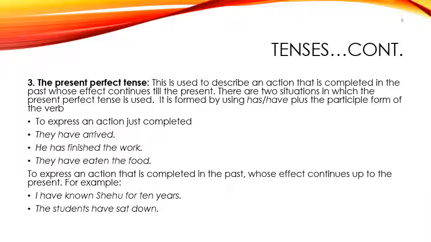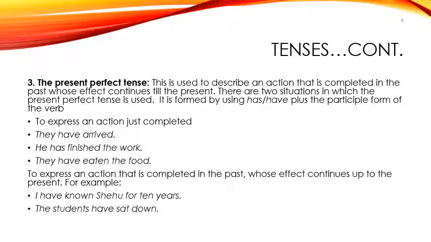Then the second example, he has finished the work. Can you see the difference between the second one and the first one? Have in the first one and has in the second one, because the subjects vary.